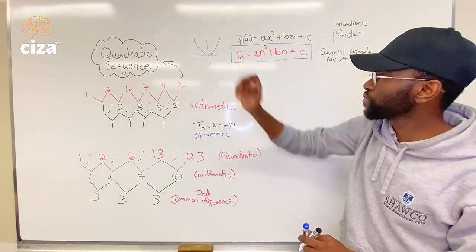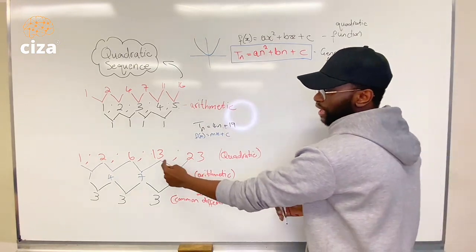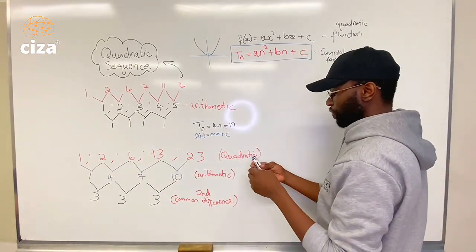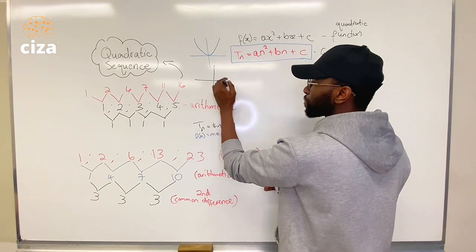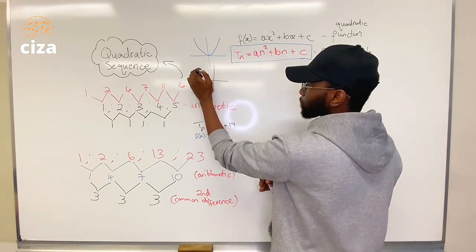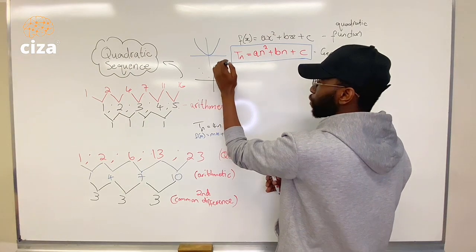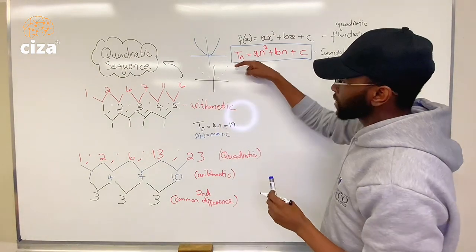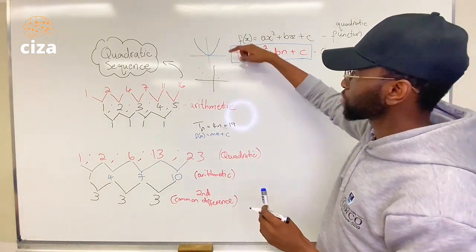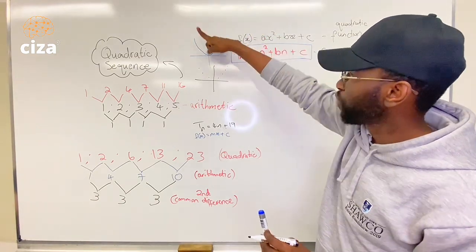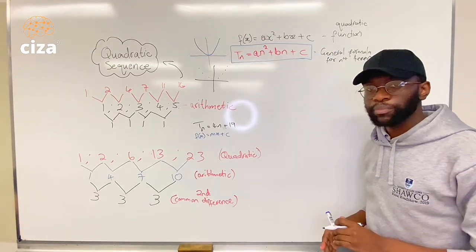It just looks like this, but now we are looking for the nth term instead of drawing a continuous function. These are discrete points, so our graph will actually be our first point, our second point, our third point, our fourth point, our fifth point. They will go like this, but they would follow a quadratic function type of shape.